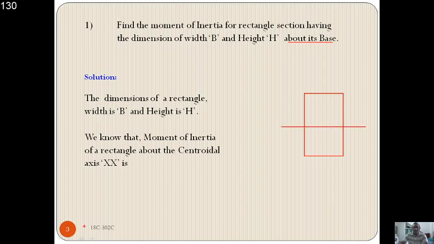This is the centroidal x-axis, where we know the formula that bh cube by 12 is the moment of inertia. But what they asked is to find the moment of inertia about its base. So the base is here.